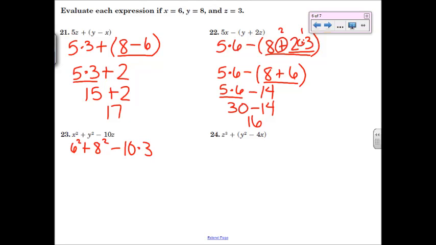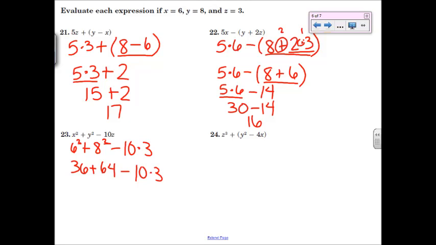So in number 23, I don't have any parentheses, but I do have exponents. I have 2 squared exponents. So I'm going to do those first. 6 squared, 6 times 6 is 36. 8 squared, 8 times 8 is 64. Haven't done the multiplication yet.